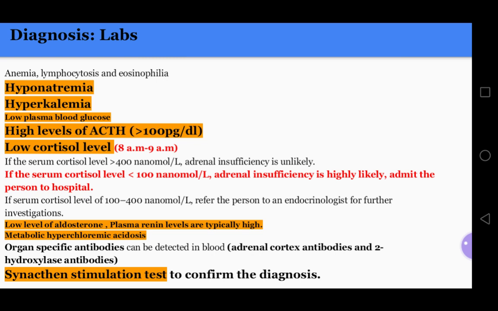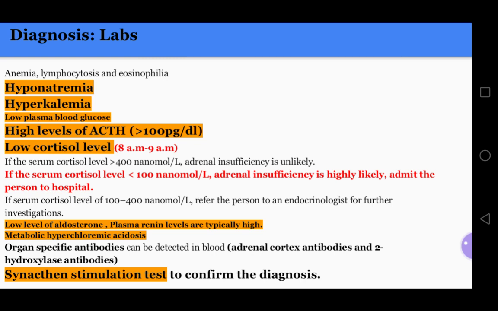If the serum cortisol level is less than 100 nanomole per liter, adrenal insufficiency is highly likely, so this patient should be admitted to the hospital. If serum cortisol level is between 100 to 400 nanomole per liter, then refer this person to an endocrinologist for further investigations.